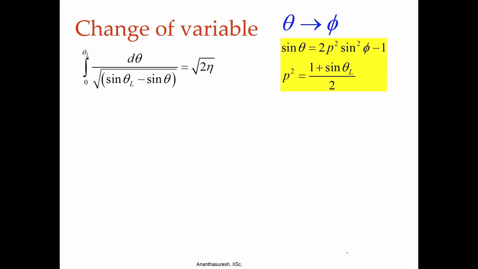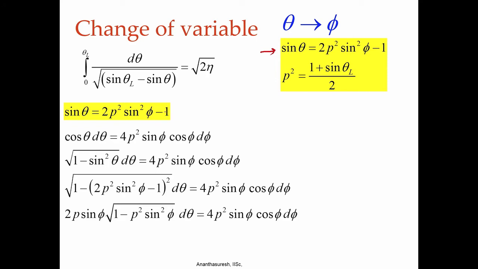Okay. So, having done that, now let us look at further converting this to the new form. There are two steps here. One is we have the first equation which I am showing here, sin theta is 2 p square sin square phi minus 1. Let us differentiate it in order to replace d theta with d phi.